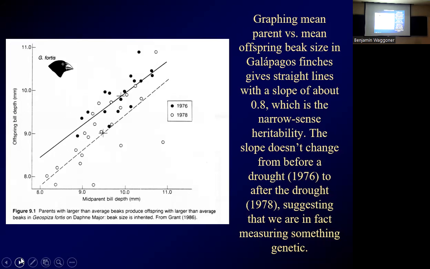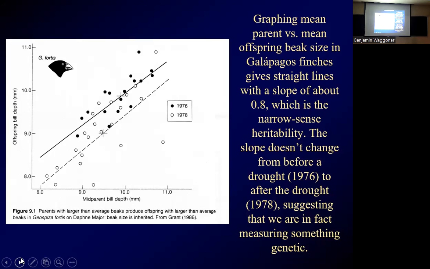Okay, and I remember that in that drought, birds with small beaks tended to starve and birds with larger beaks tended to make it through. So when that line shifts over to the right, that dashed line is to the right of the solid line, that reflects the fact that the birds that survived the drought had larger beaks.